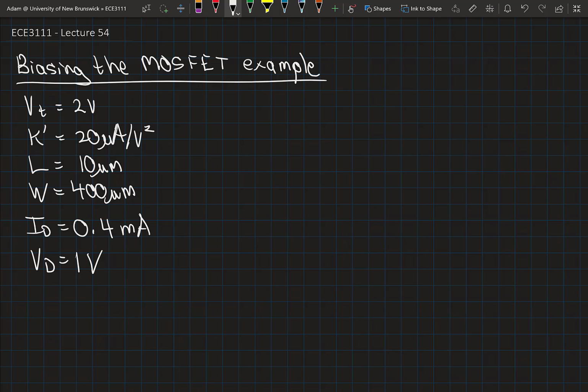Okay, so let me draw my circuit here. So we're going to assume, as will typically be the case, that I have a MOSFET that has the source and body permanently connected. And this particular MOSFET has a positive 5 volt supply and a negative 5 volt supply.